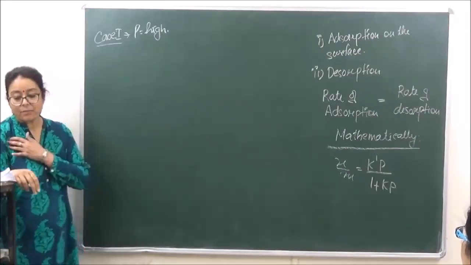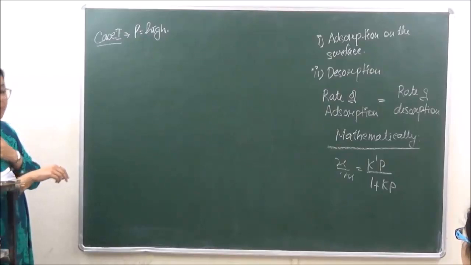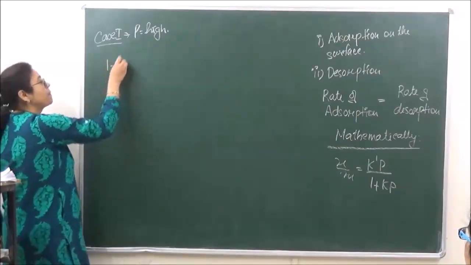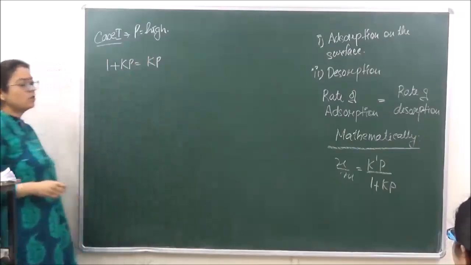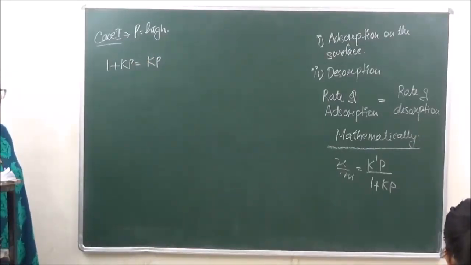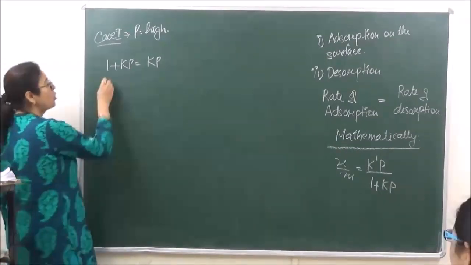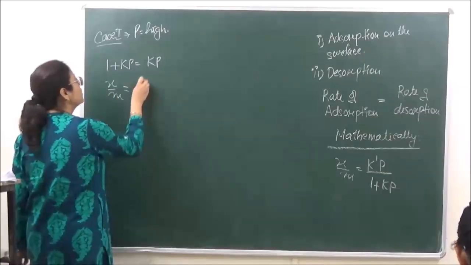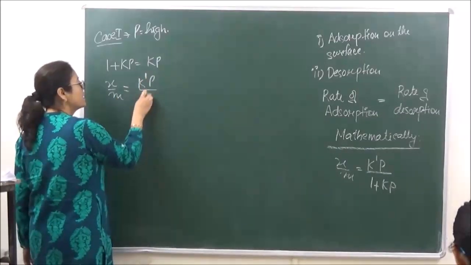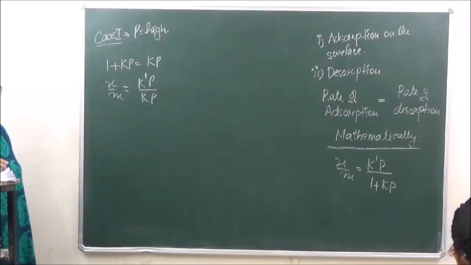It is said that when pressure is very high, in that case 1 plus kp becomes equal to kp. So according to that expression, x upon m will become equal to k dash p upon kp, because 1 plus kp is equal to kp.